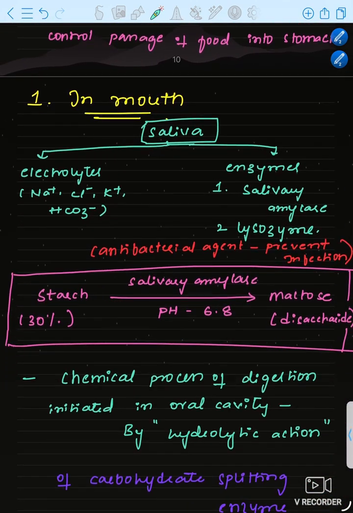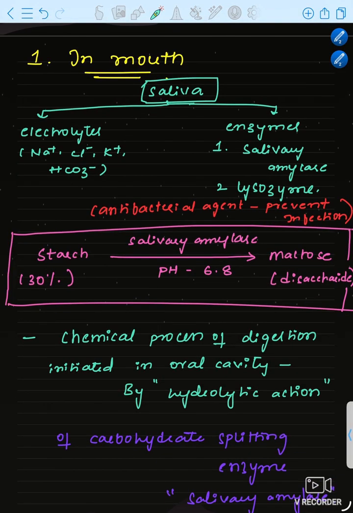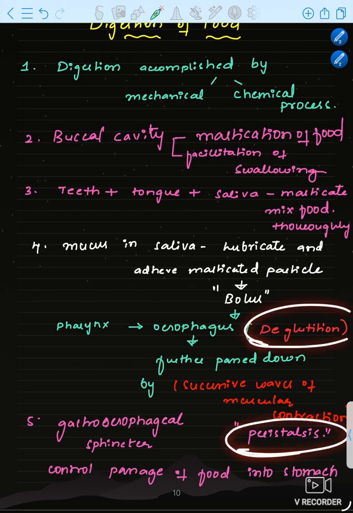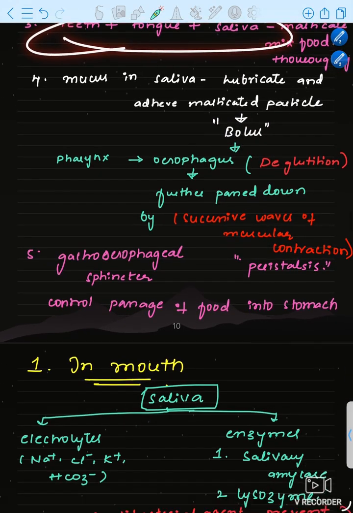Now let us come to the actual digestion process. First, this is just the overview. I have said how the food will be passing down: deglutition, peristalsis, bolus, masticated food, and how teeth, tongue, saliva, etc. help.